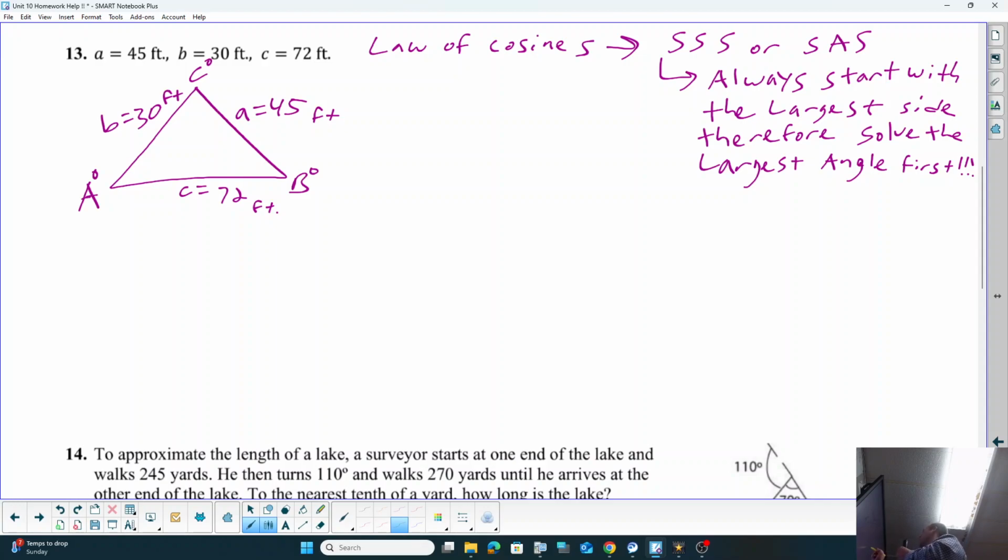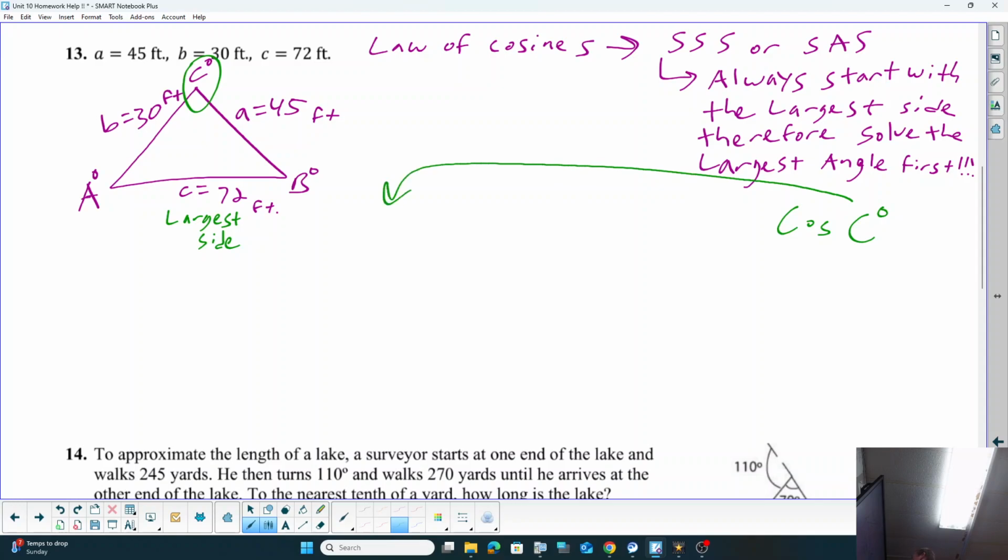So 72 is the largest side, which means that we're going to start with the largest angle. So what's the formula for law of cosines with that largest angle? You're going to be doing cosine of angle C that you're going to be solving for. And that means that we start with little c. So little c squared is equal to a squared plus b squared.